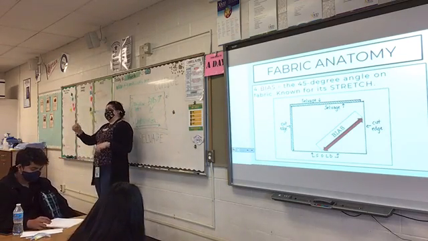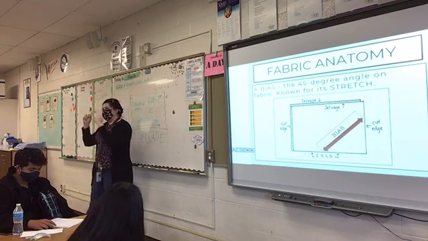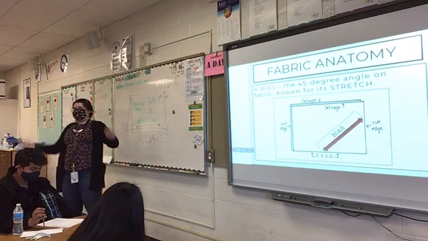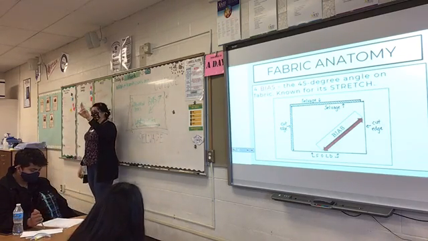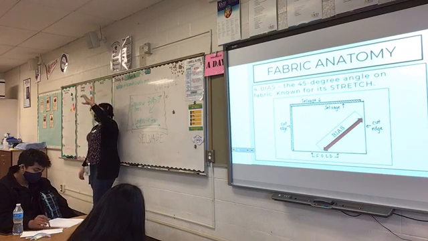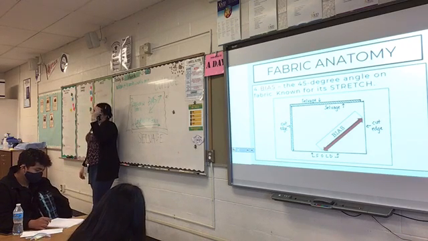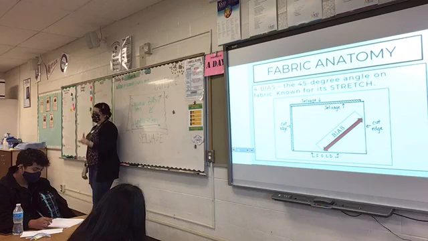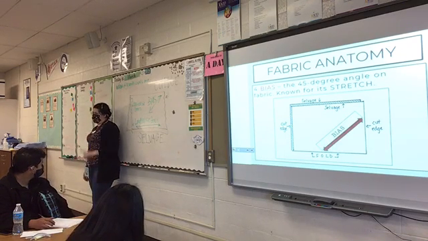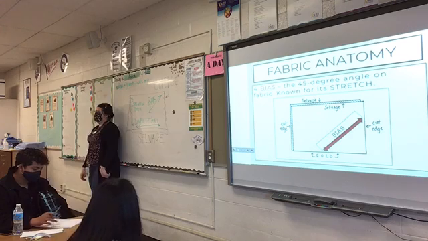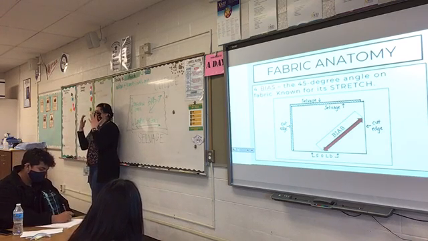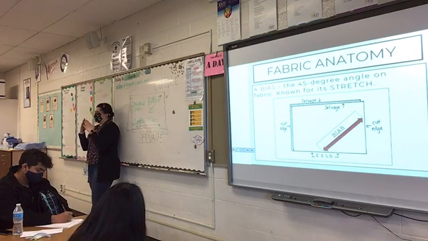Number 1. Spandex is? Stretchy. Nylon is? Strong. Wool is? Warm. Cotton is? Absorbs water. Good. Silk? Smooth. Comfortable. Synthetic comes from? And natural comes from?